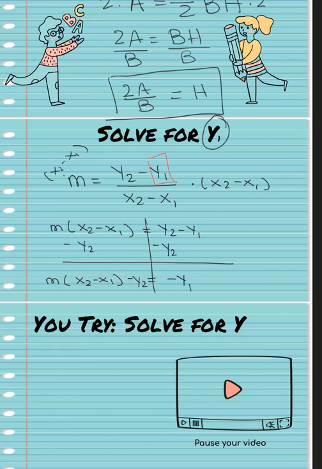I'm just solving for y sub 1, so what would I have to do in order to make that positive? I can't keep my variables negative. I have to have them positive. So I'm going to multiply, or you can divide, both sides by a negative 1.